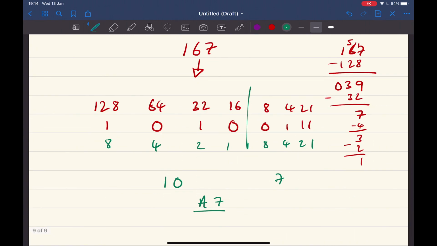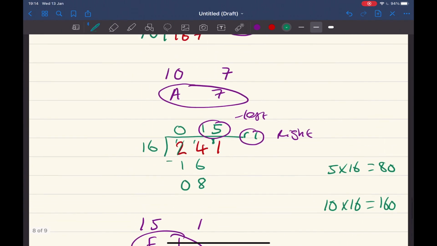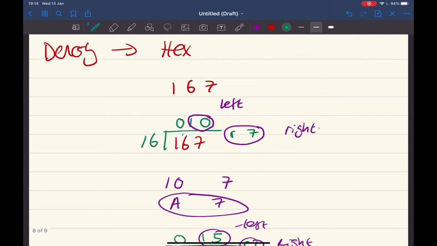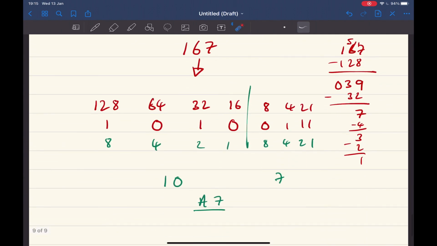So whether you're doing the going through binary method or the bus stop method, again, my recommendation here would be to use this bus stop method. I think it's easier, and I think students typically don't make as many mistakes in doing it, and do become quicker in doing that as well.